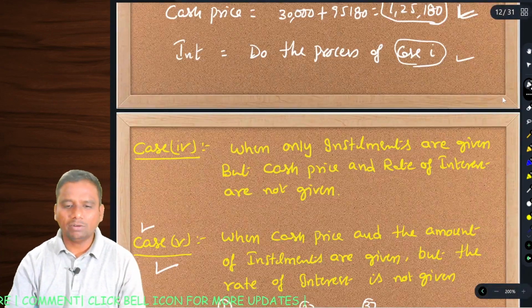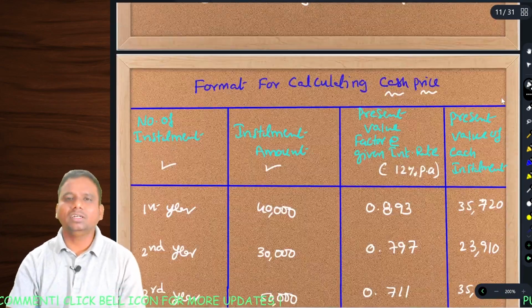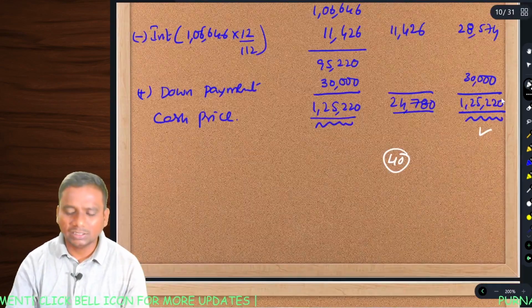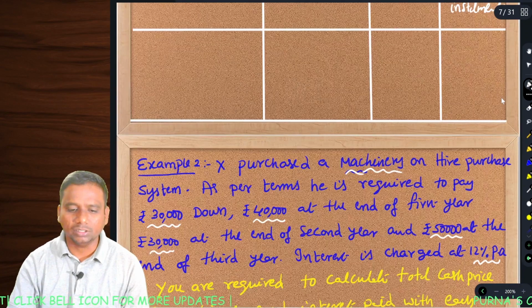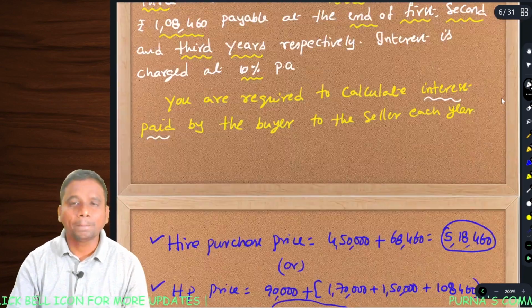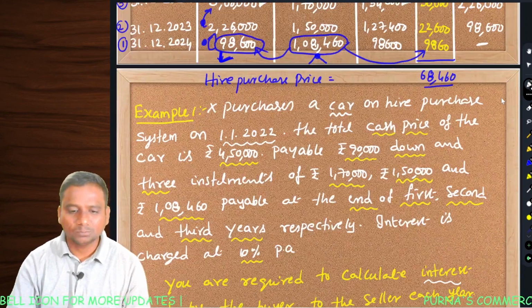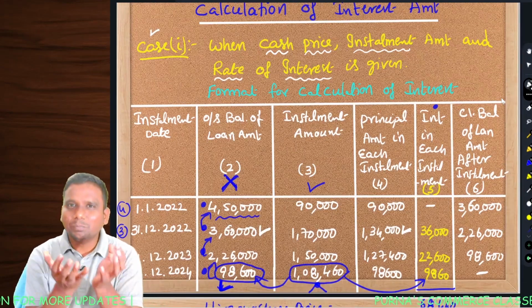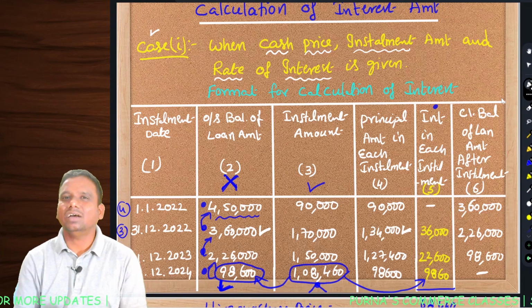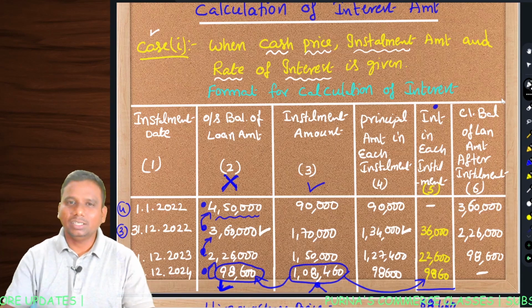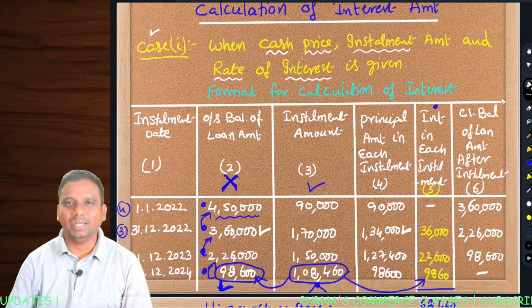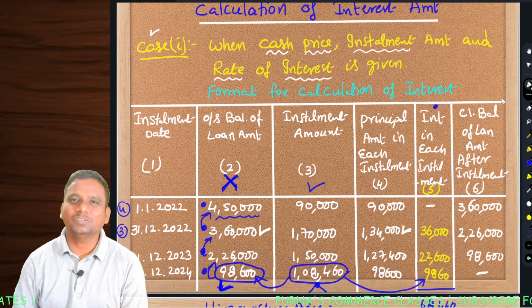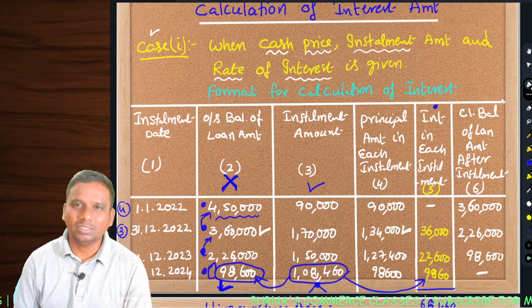I hope you have enjoyed this video, and I think you have got all clarities regarding how to calculate the interest portion and how to calculate the cash price with the examples. Okay, first try to understand the basic concept. Don't be in a hurry. Here we are knowledge oriented, not examination oriented. Do remember these things, students.